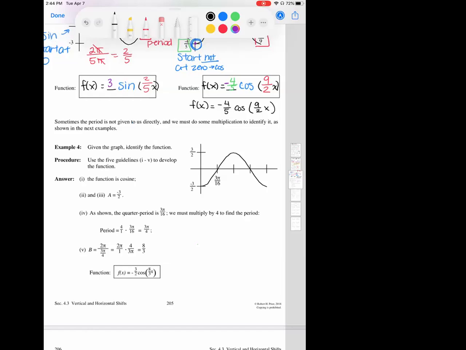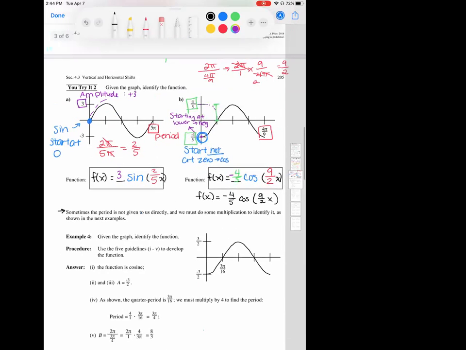Let's move forward with our text. Sometimes the period is not given to us directly, and we must do some multiplication to identify it, as shown in the next examples. What's cool about the ones we did is it tells us exactly where a period ends. In part A, we saw that one cycle ended at 5 pi.